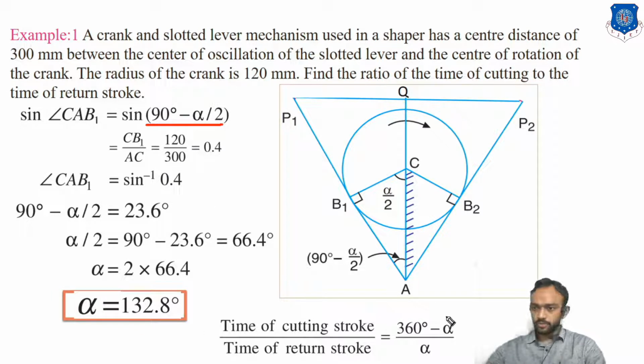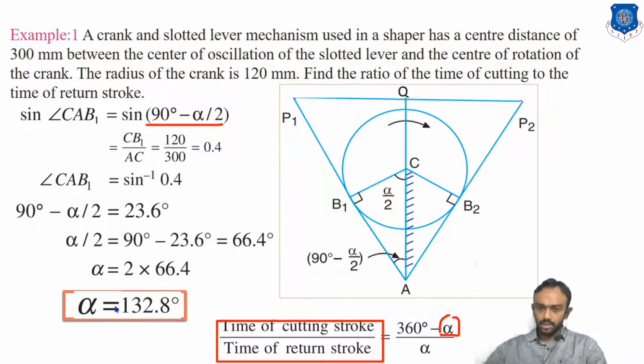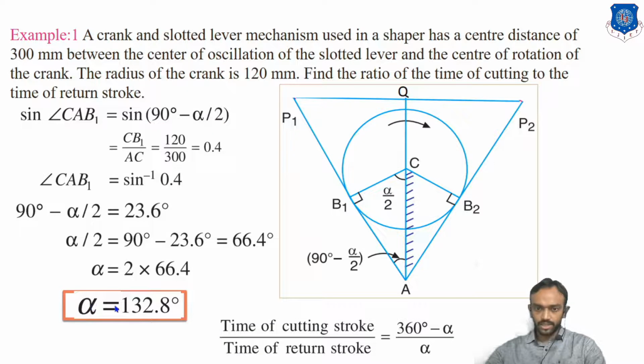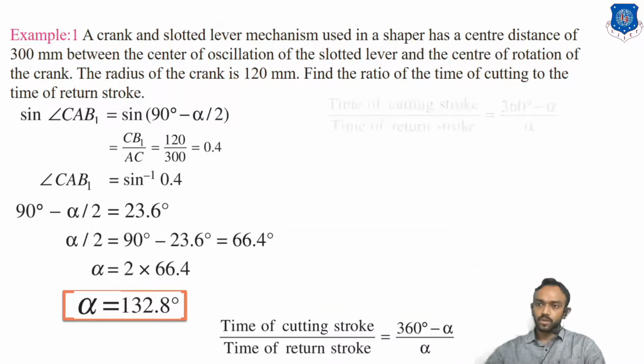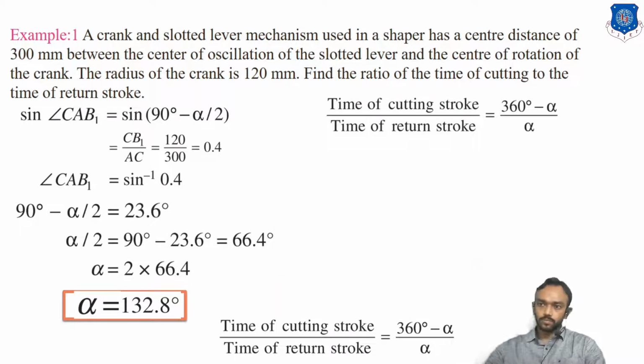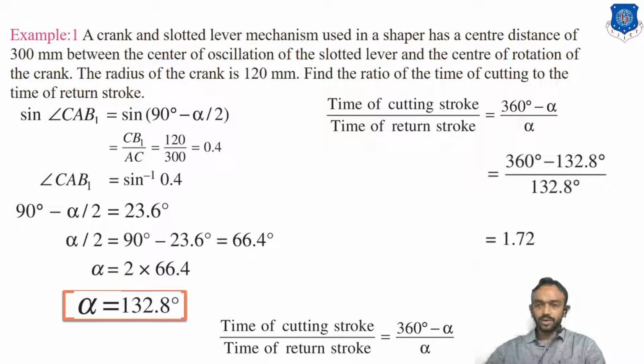You know that if you find alpha, this ratio can be found easily. Put this in the formula and you will get the answer. The simple answer is 1.72. This is the ratio of the time of cutting stroke to the return.